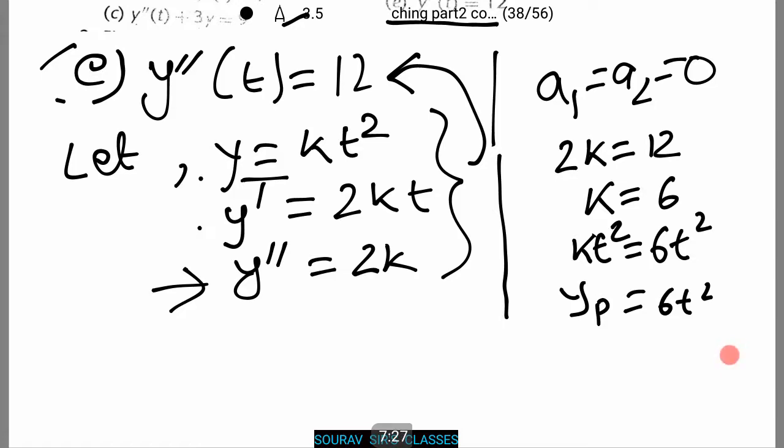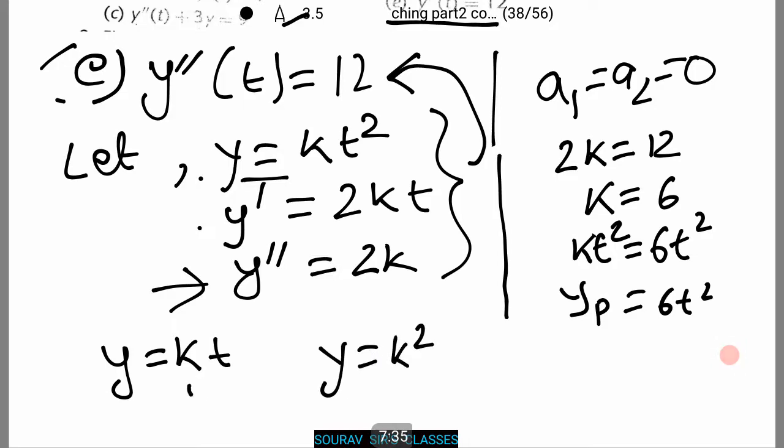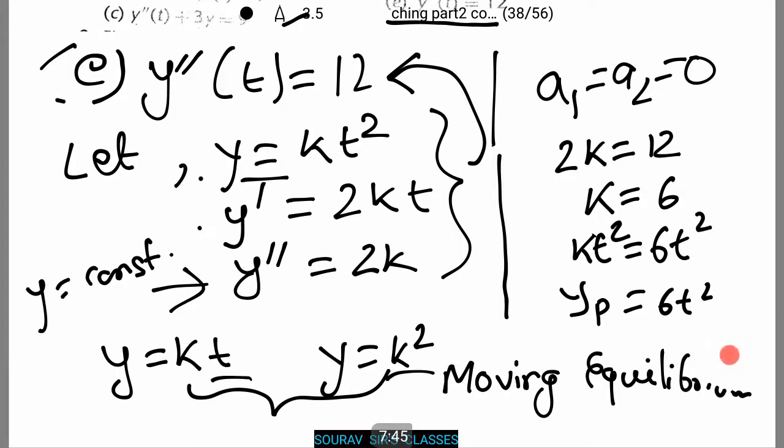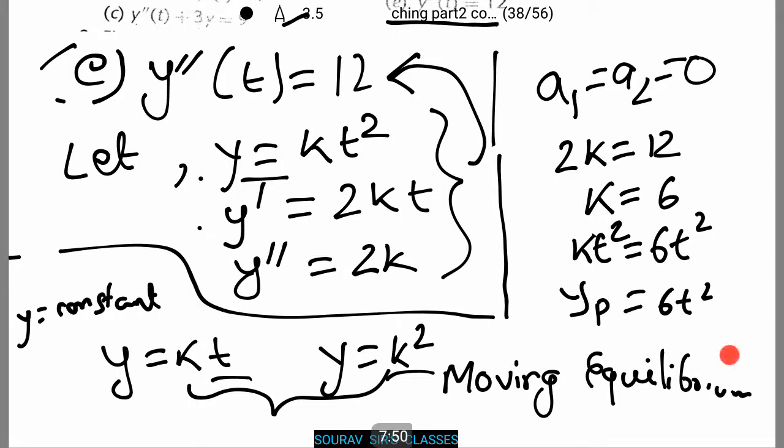Notice, since in the last two cases we have taken y equals kt and y equals kt square, this can be represented as a moving equilibrium. In the first case y was assumed as a constant, but in the second two cases we assume y equals kt and y equals kt square.